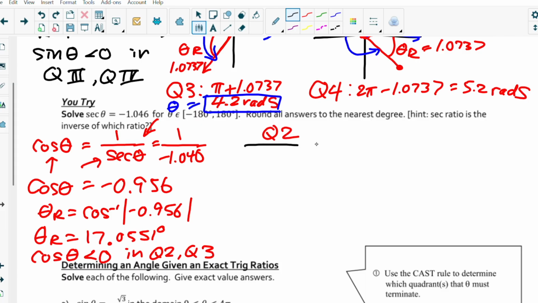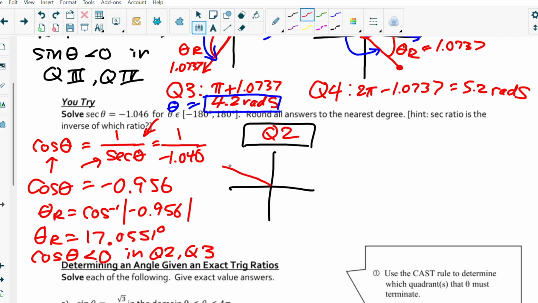Quadrant 2. I start at the initial arm. Oops, no, 17.055 degrees in quadrant 2. Sorry about that, folks.